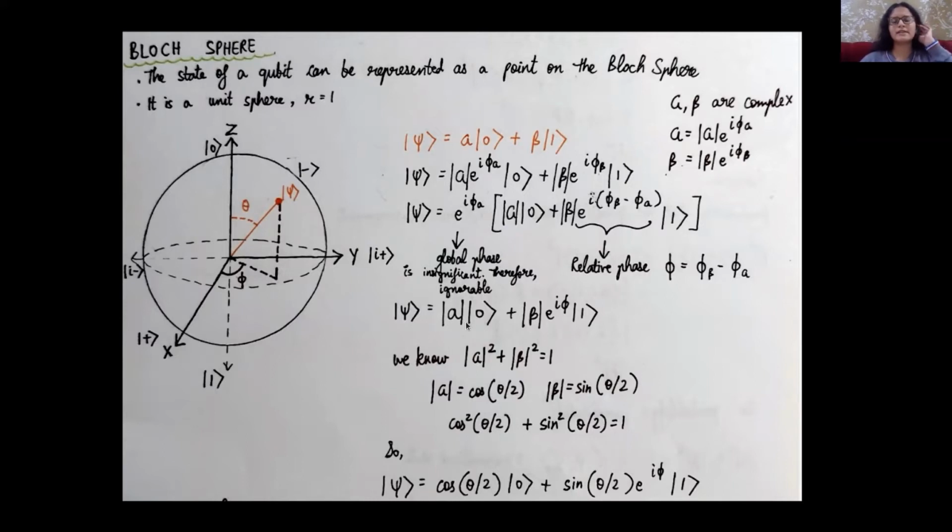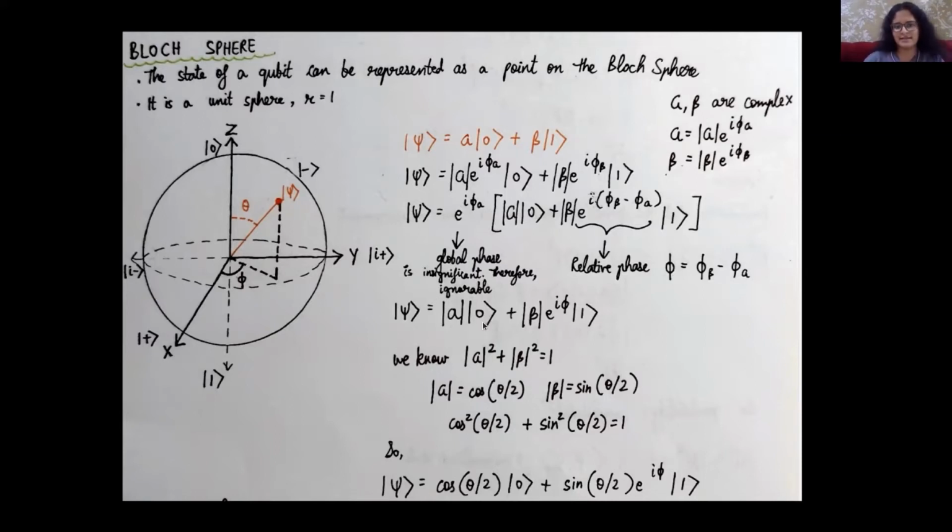Therefore, in the next equation, we've ignored the global phase, but we've kept the relative phase, and we've taken a term phi to represent phi beta minus phi alpha. And this phi is over here in the Bloch sphere. After I've completed talking about this derivation, I'll talk about what this phi is.